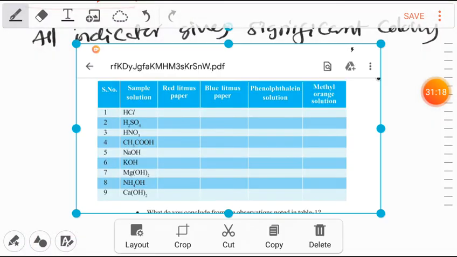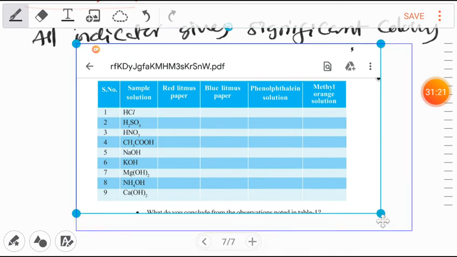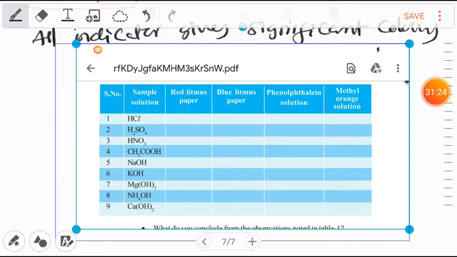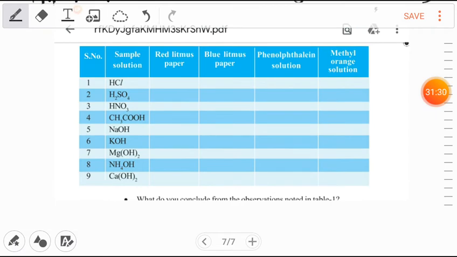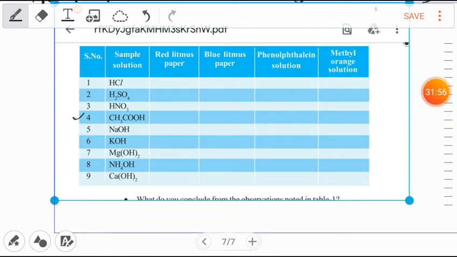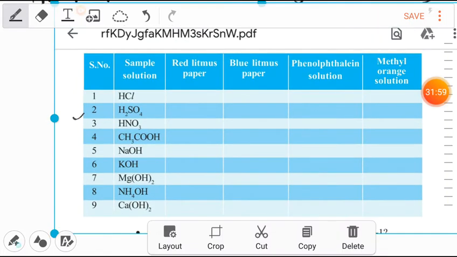So this is the table you can follow. You're going to take two test tubes. In one of the tubes you're going to add acids: HCl is an acid, H2SO4 is an acid, HNO3 is an acid. Up to 4 you're going to add. In the other test tube you're going to take NaOH, KOH, Mg(OH)2, and NH4OH. This is what you're going to add. So what is the color change we're going to write? Now I'm writing here. We already discussed, so we can write now.